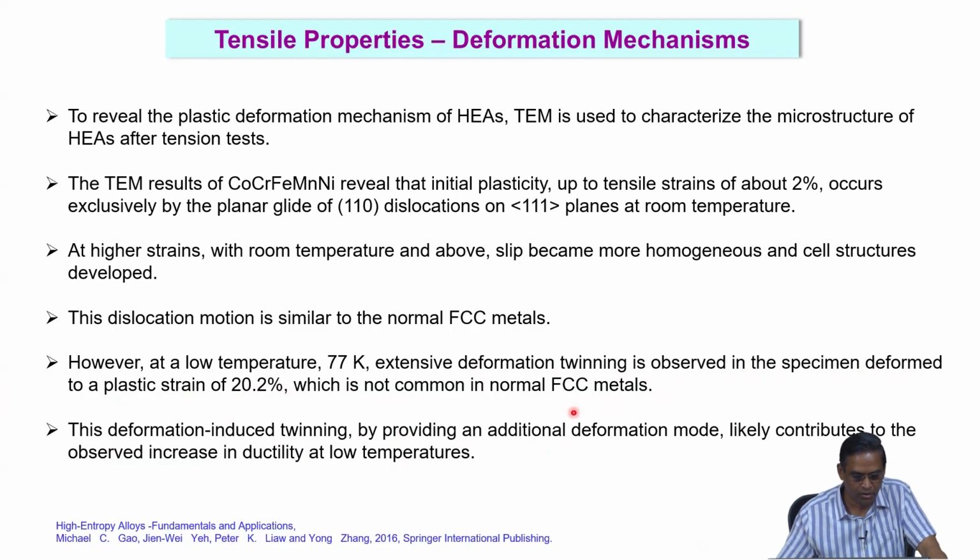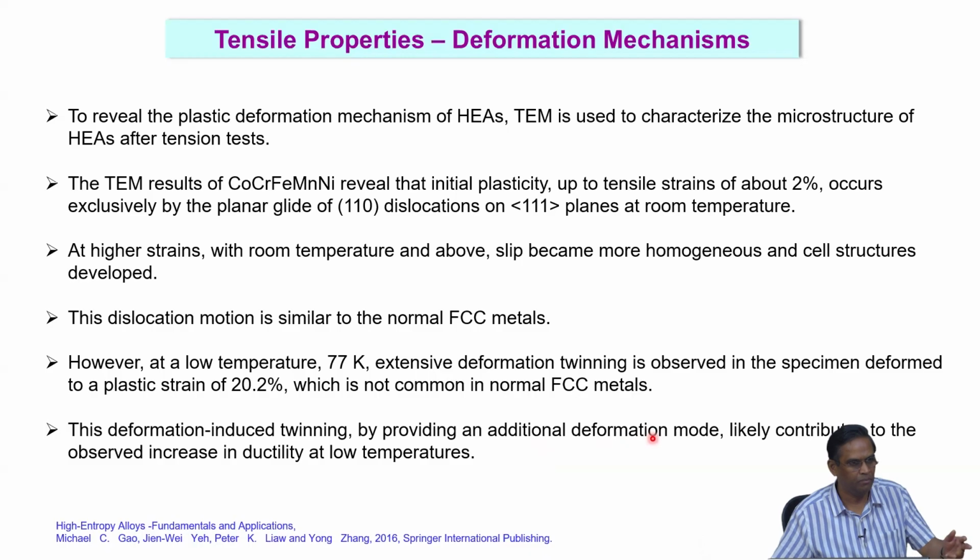This deformation induced twinning, by providing an additional deformation mode, likely contributes to the observed increase in ductility at low temperatures. Yesterday also we talked about it. When you deform at very low temperatures, you get an additional deformation mode.